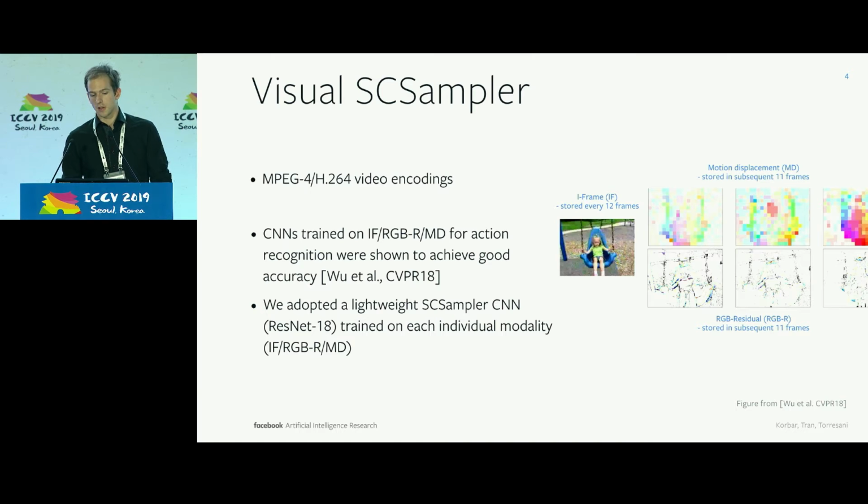Similarly, for the visual SC Sampler, we can also look at the compressed video features. Most codecs rely on some form of compression, meaning they store the RGB frames only every so often, while in the meantime they store low-dimensional motion displacement or RGB residuals for subsequent frames.